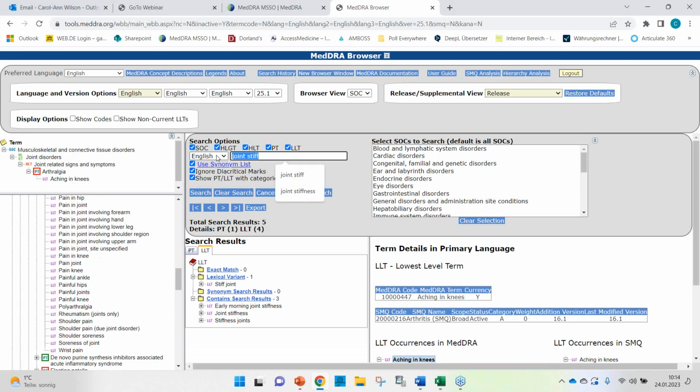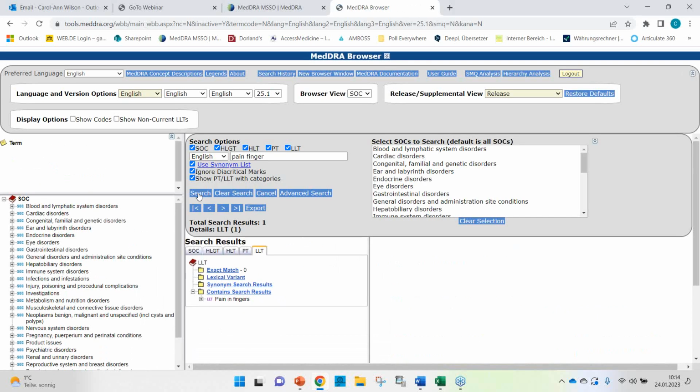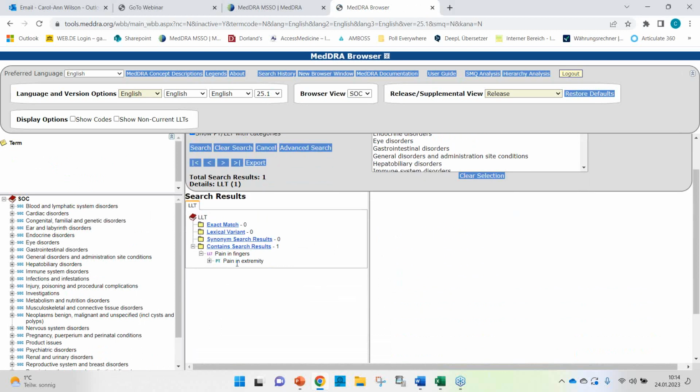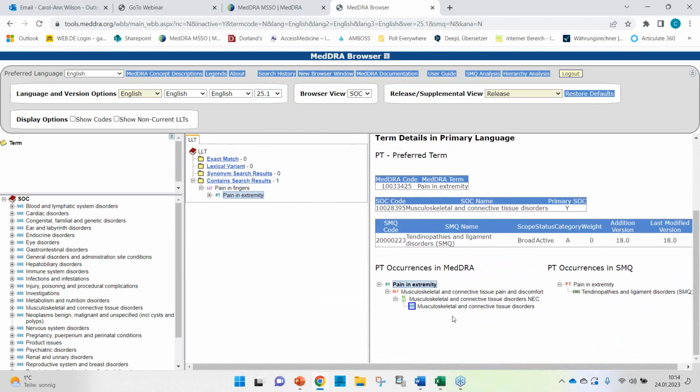And if we now look for pain in fingers, assuming that the information joint does not relate to the finger or the fingers, and look for the hierarchy, you see that it's a completely different hierarchy. It's grouped under pain in extremity. So here's the hierarchy.